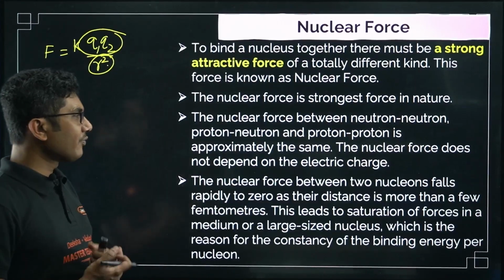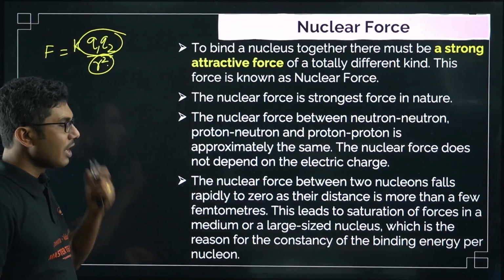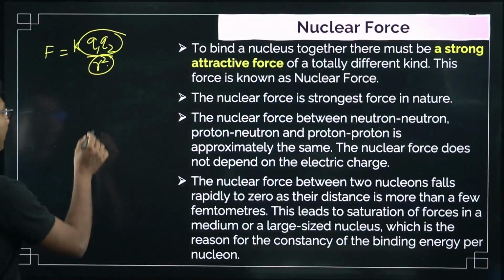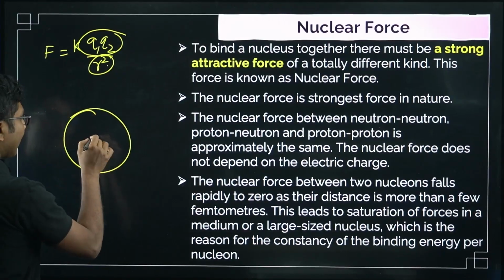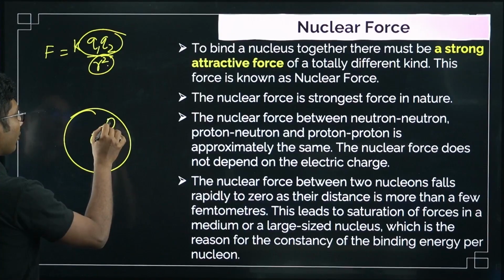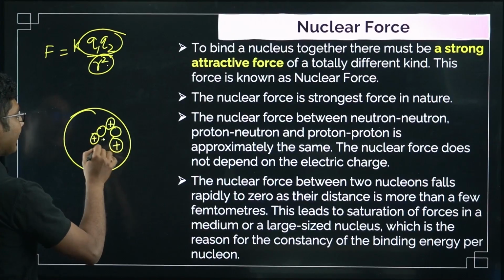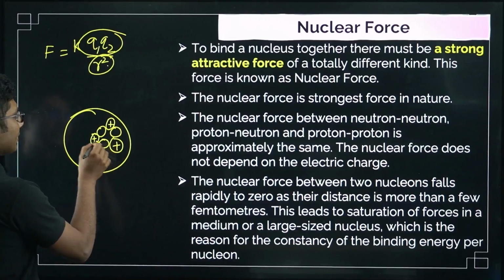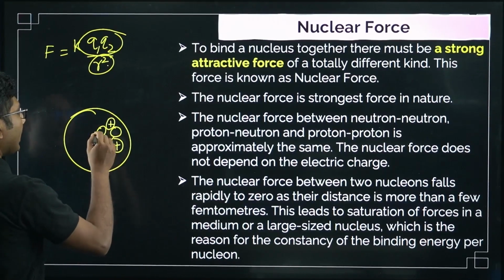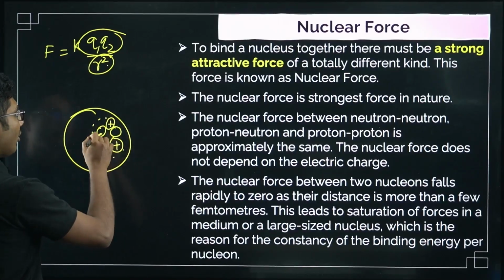Next, nuclear force between two nucleons falls rapidly to zero as their distance is more than a few femtometers. For example, suppose in a nucleus I have a proton, a neutron, another proton, another neutron, another proton. The nuclear force is strong when the nucleons are close, but there is no nuclear force between these two or these two.